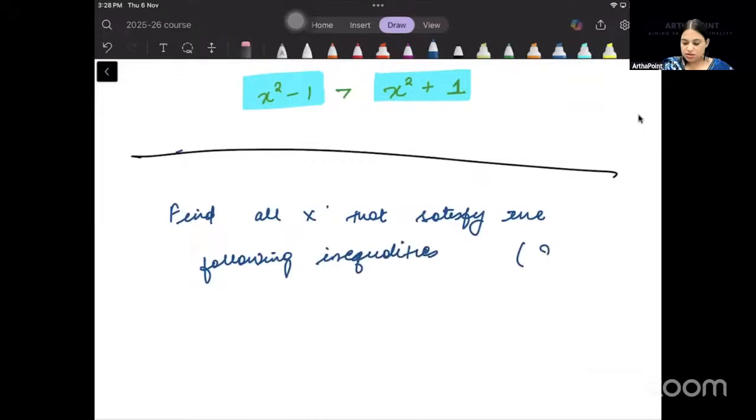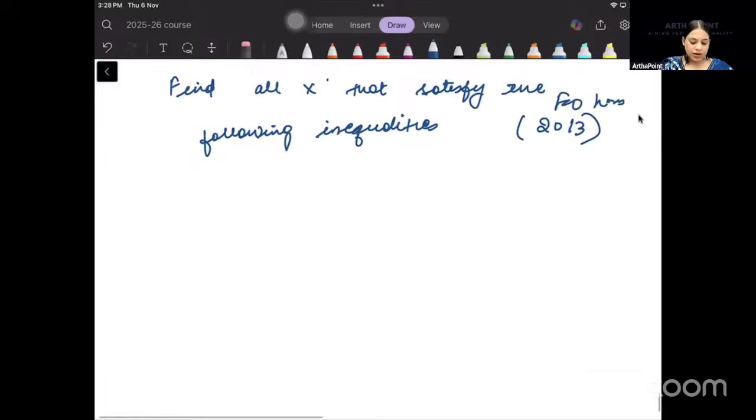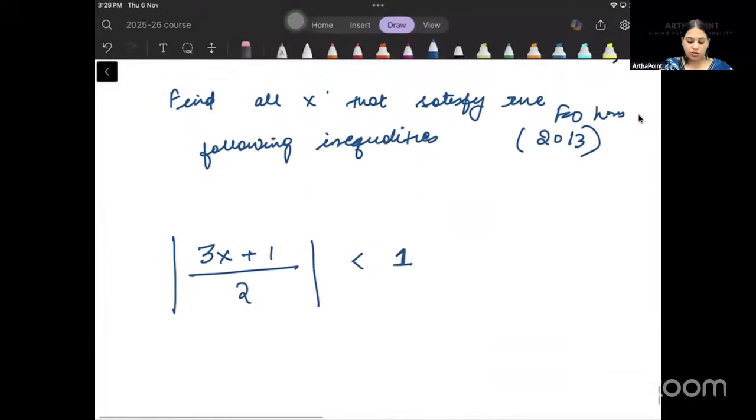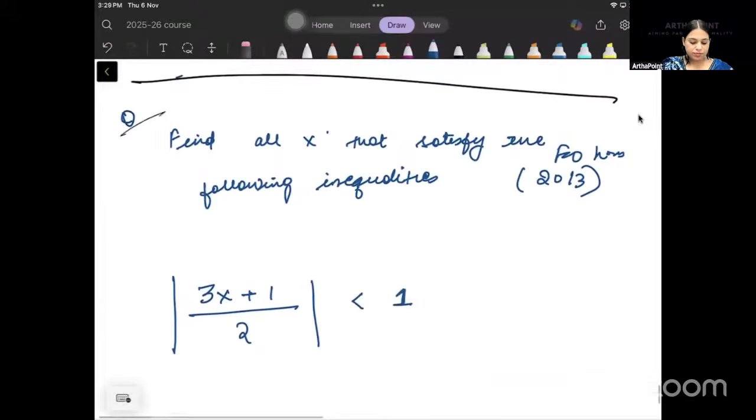Beta, this is a 2013 DU Eco-Honors question. देखो, mod of 3x plus 1 by 2 less than 1. Solve this. Solve question number 2 here. Give it a try.